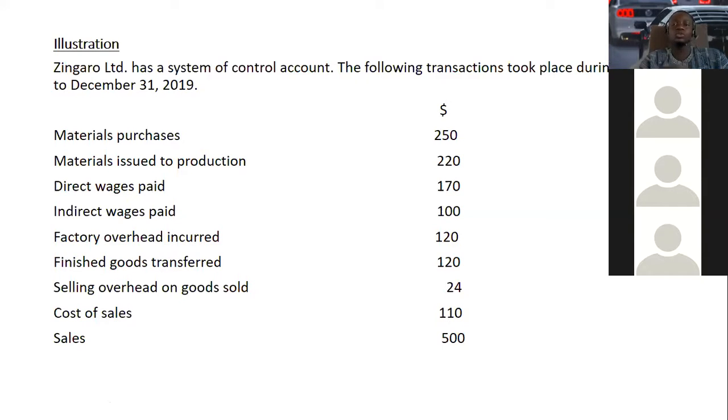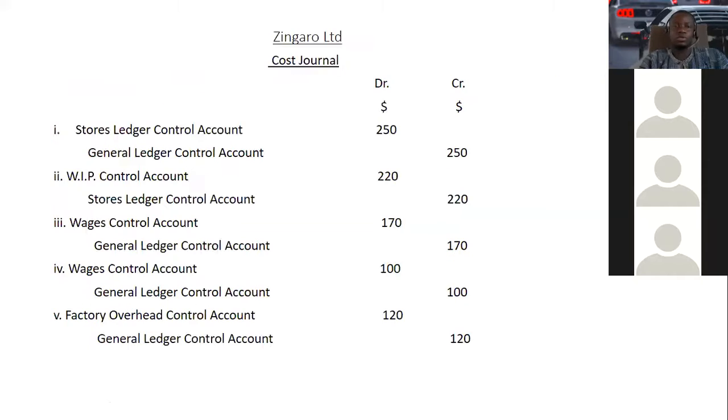Sir, materials issued to production will debit work in progress control account, and then we'll credit stores ledger control account. All right, let's check whether it's correct. So we debit work in progress account and then credit store ledger control account with 220. All right, thank you. That's nice.